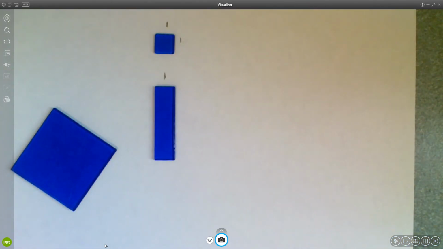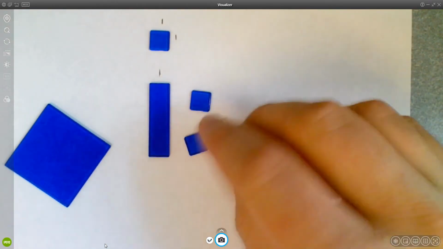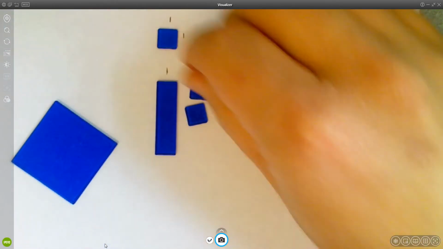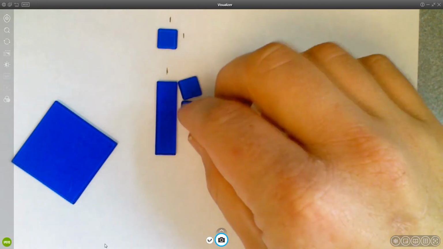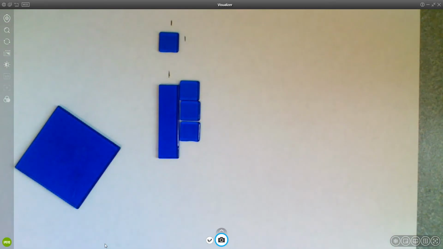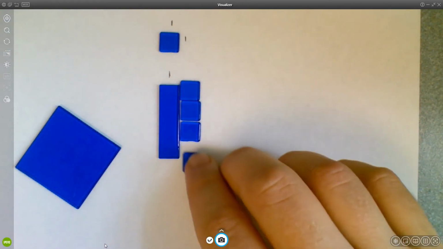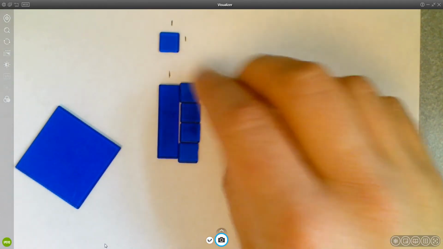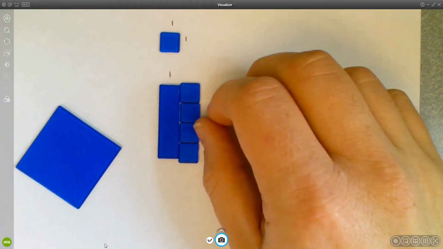Now, I could try to line up a bunch of 1s to see if it's equal to 3 or 4 or 5 or something. So if I try to line these up, you'll notice that it doesn't quite work.